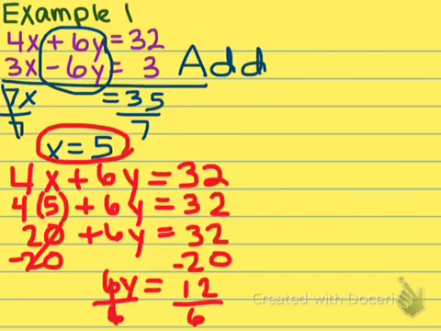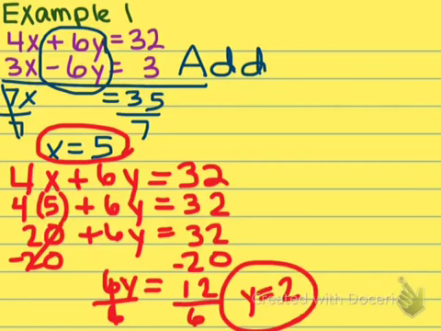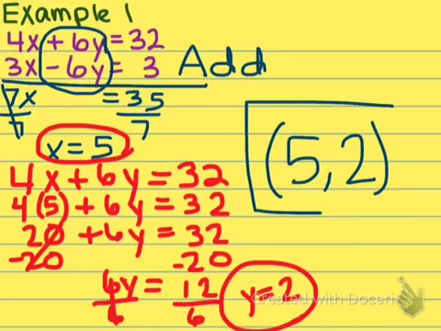Divide by 6, and you'll see that y equals 2. So our answer is written like an ordered pair. We have the x equals 5, we have the y equals 2, so our answer looks like (5, 2). That's our answer. We could have used the graphing or the substitution method to solve this problem also, but today we're focused on elimination.